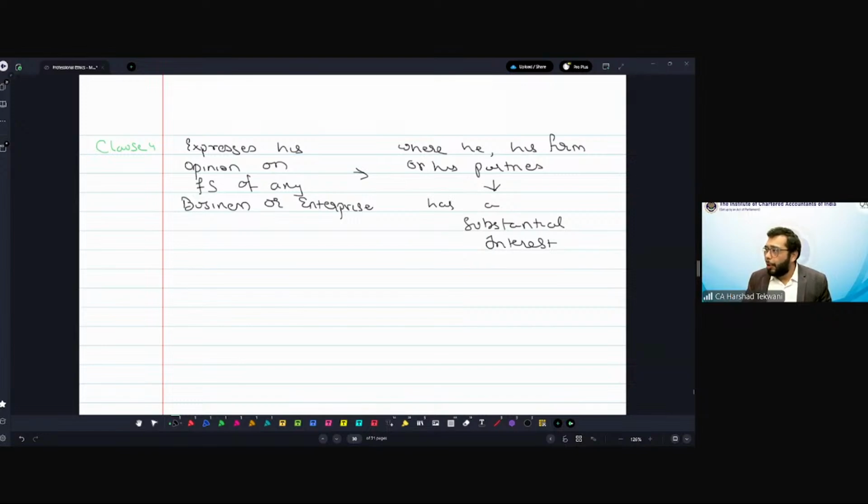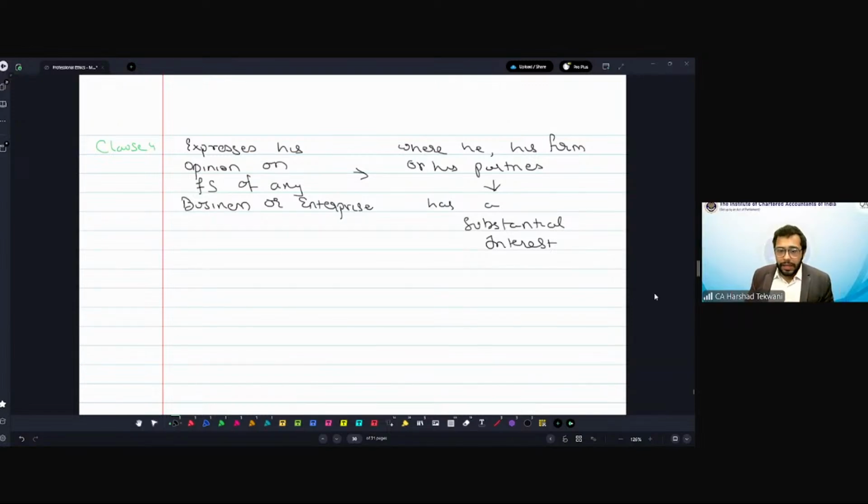Now, the important point to understand first is what is substantial interest. When will I say it is a substantial interest or it is not a substantial interest? Where is substantial interest defined? For that, we need to understand the term substantial interest in detail.